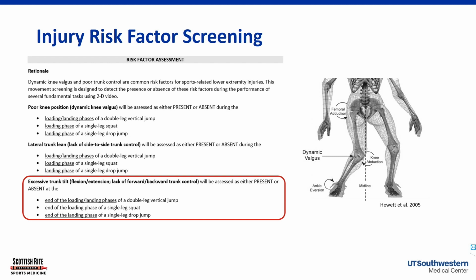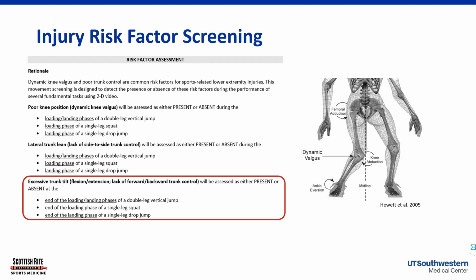So in this group of athletes that we had come in, we were able to successfully say that our trunk scoring, so whether the trunk side-to-side lean or forward flexion, those two risk factors did successfully agree with our 3D motion capture data. So that was validated. However, when we looked at our poor knee position risk factor, those did not agree very well.